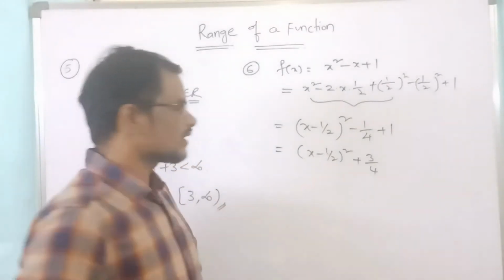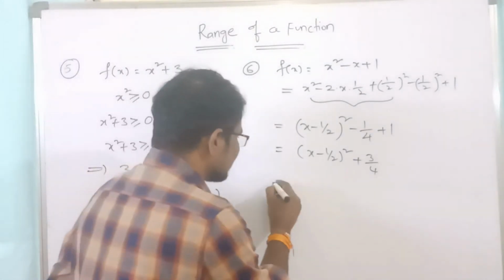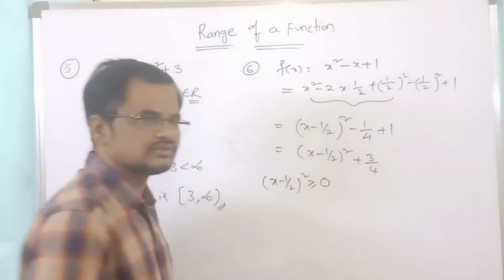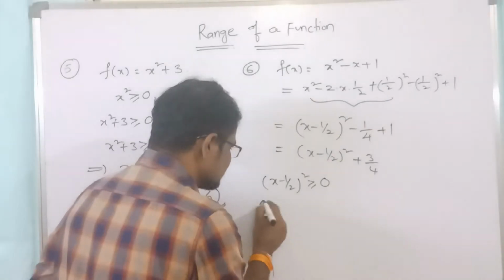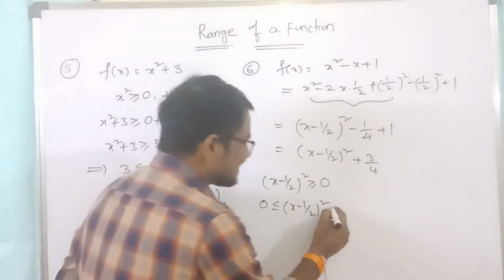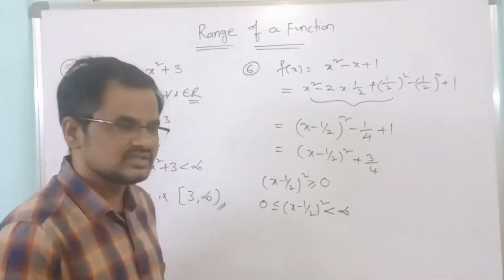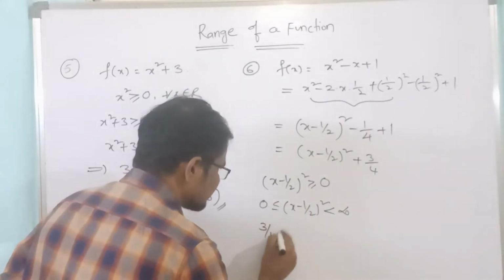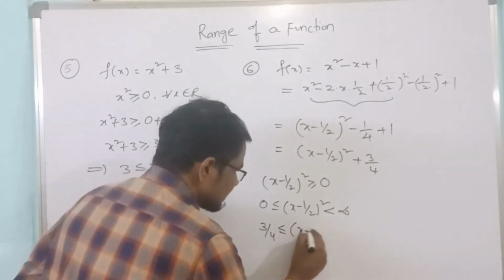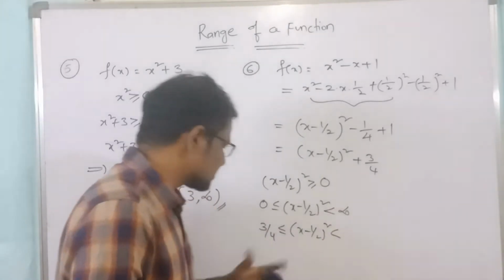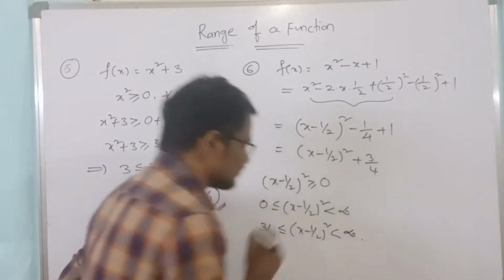Now here also we know that (x minus 1 by 2) whole square is greater than or equal to 0. Means 0 is less than or equal to (x minus 1 by 2) whole square, which is less than infinity. Now plus 3 by 4 we have to add. So 3 by 4 is less than or equal to (x minus 1 by 2) whole square plus 3 by 4, which is less than infinity, since infinity plus 3 by 4 is infinity only.